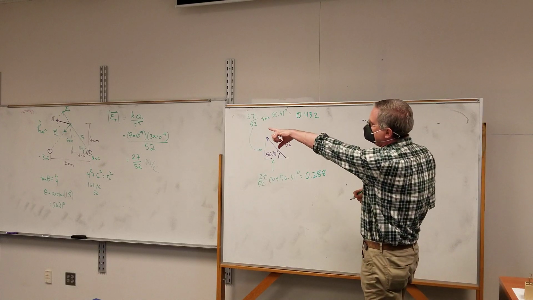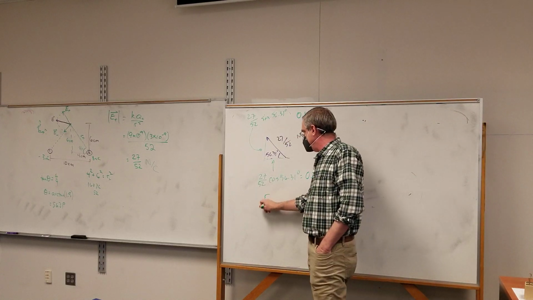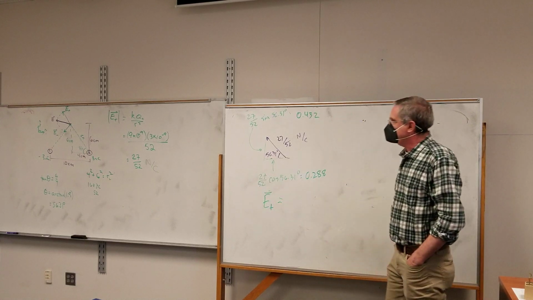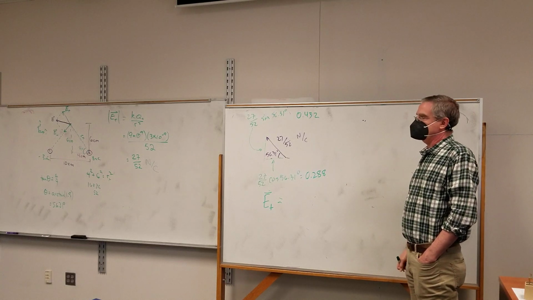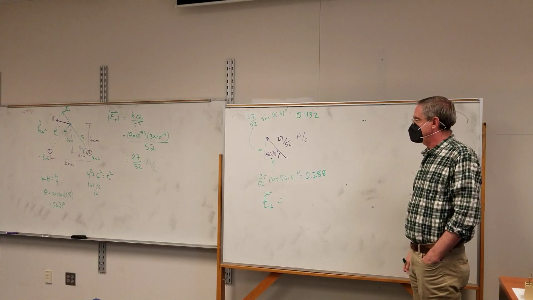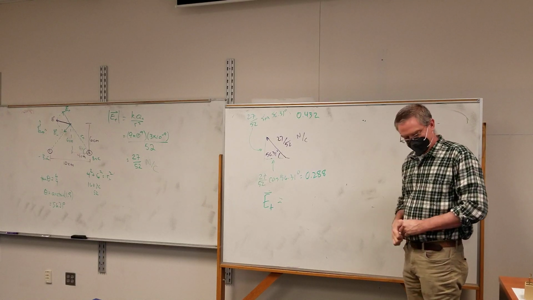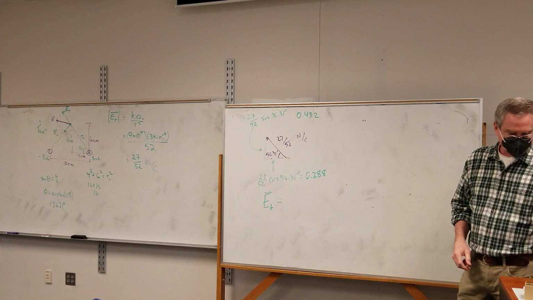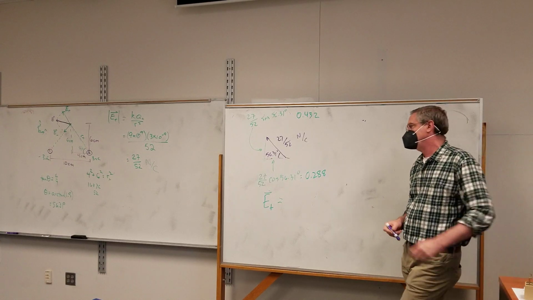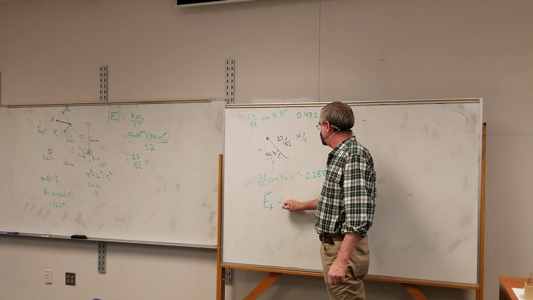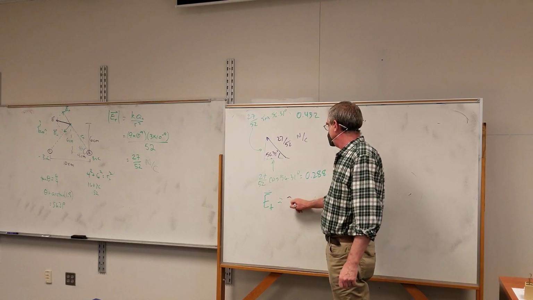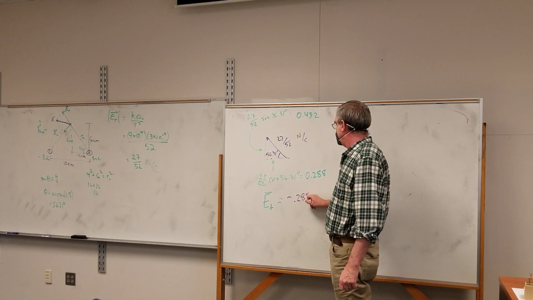So given the way I've defined i hat and j hat, what is my electric field in rectangular form? It's positive 0.432 nanocoulombs j hat and negative 0.288 nanocoulombs i hat.